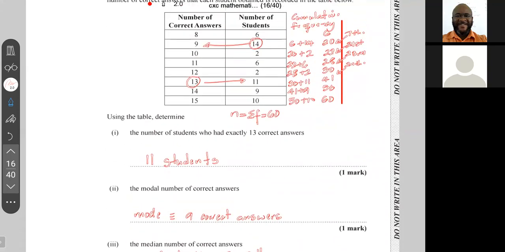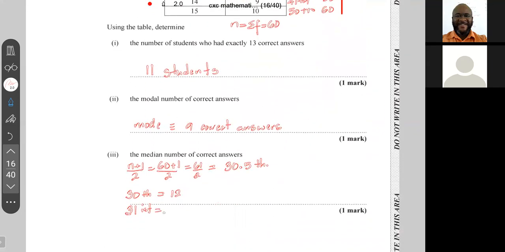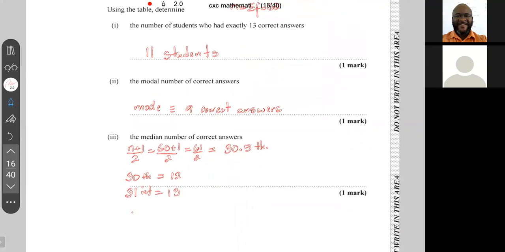And then now the 31st to the 41st value is 13. So I need the 31st value, which is 13. So the median, Q2, is equal to 12 plus 13 over 2.